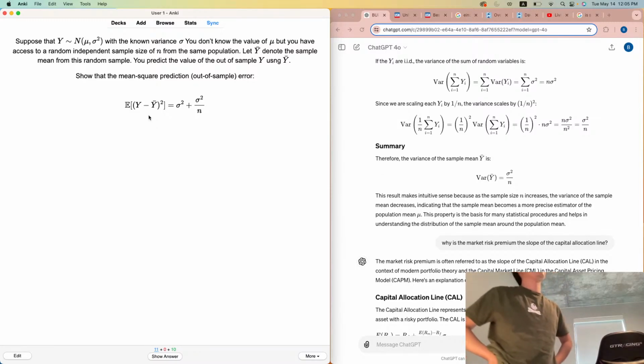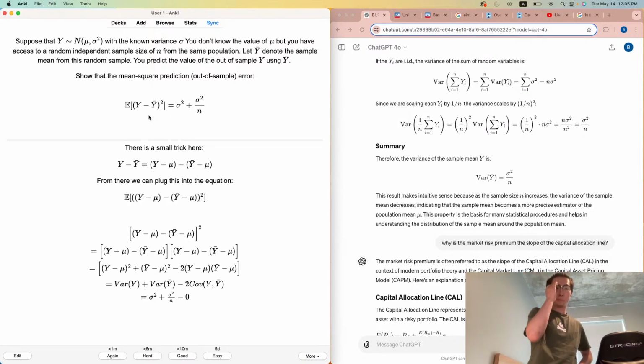The variance of y is just sigma squared, and the variance of y bar, our sample mean, is sigma squared over n. So we just add those 2 terms together.